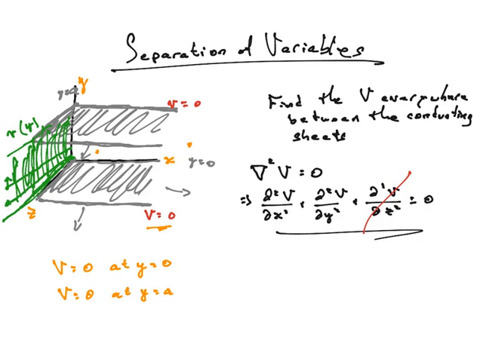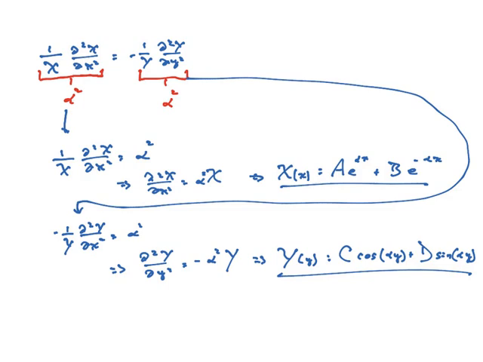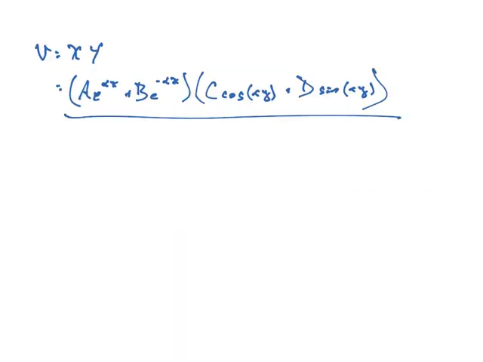So let's go ahead and insert these boundary conditions. I'll put them right here. Boundary conditions. The first one said V is equal to 0 at y equals 0. So I just write my potential, V, which must be 0.